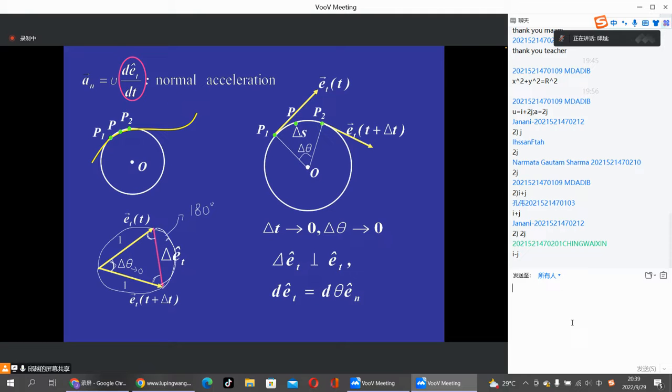For a circle with radius of 1, this arc equals delta theta.